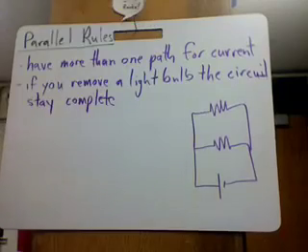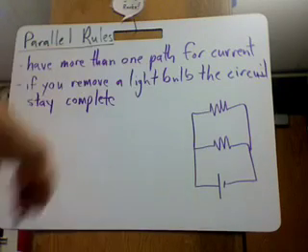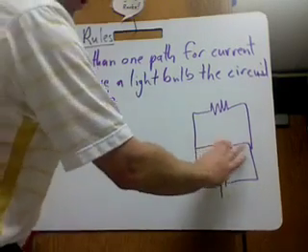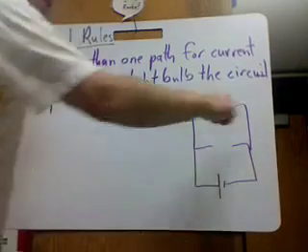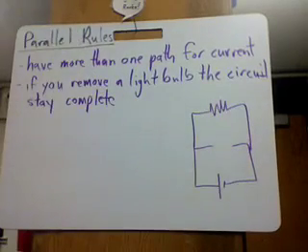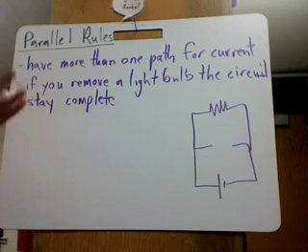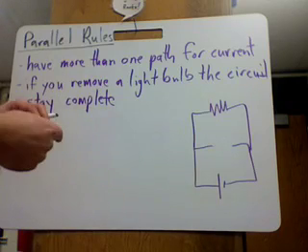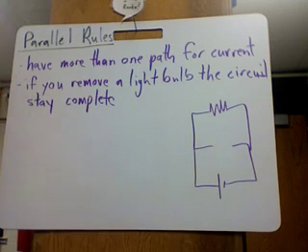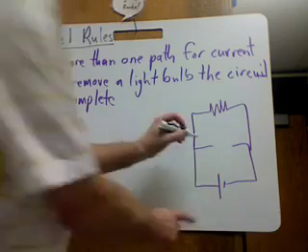If I take this away, goodbye light bulb, I still have a complete circuit. You should have seen that in the lab. That was kind of repetitive, sorry, but there is a reason for it being so repetitive, because there are certain things I'm trying to get across to you. More than one path.